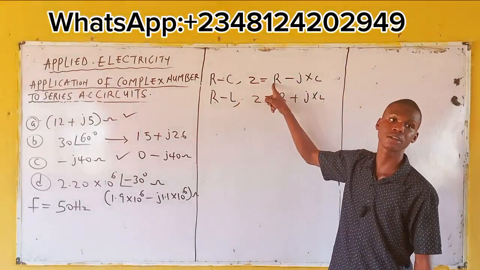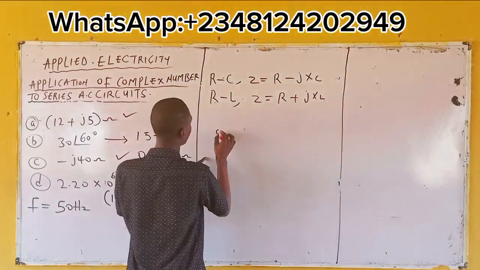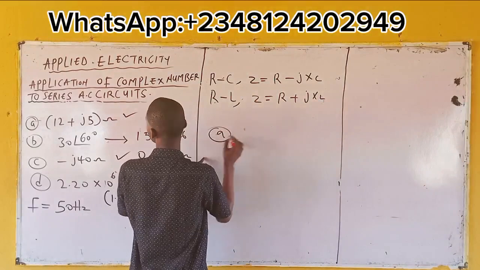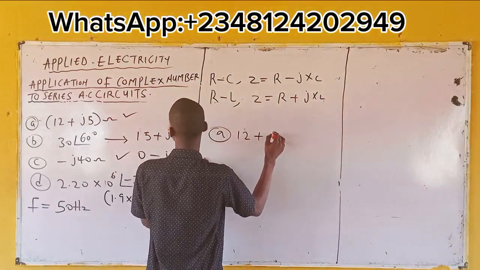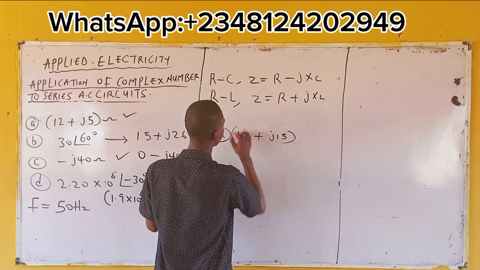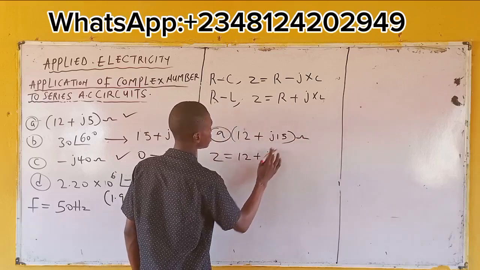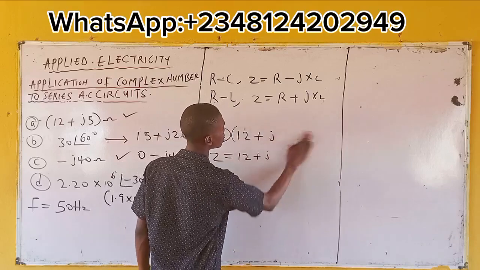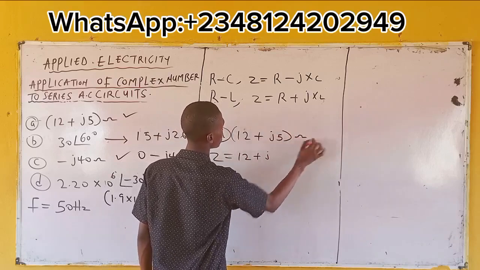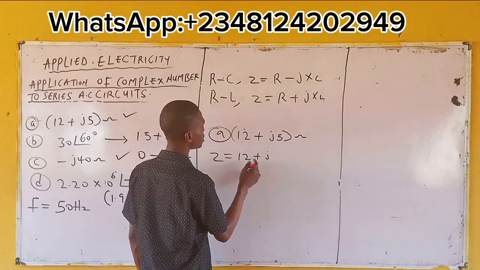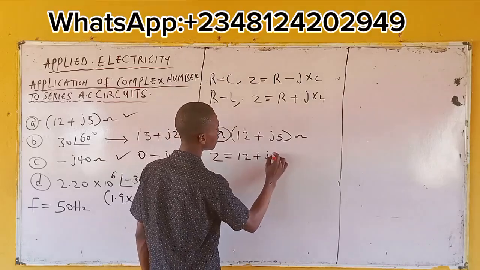RC series circuit. Now, for our A, this is 12 plus J5 ohms. Meaning that Z is equal to 12 plus J5.